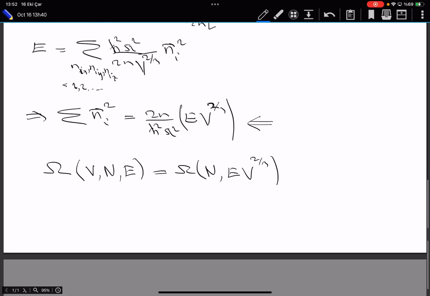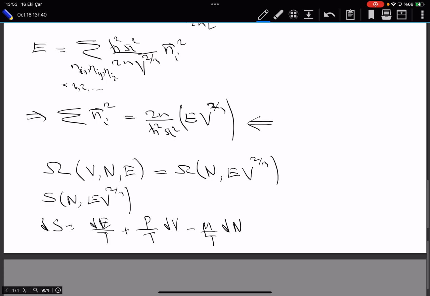Now I can say the same thing for the entropy. Entropy will be a function of E and V to the 2/3. Remember, dS is dE over T plus P over T dV minus mu over T dN.